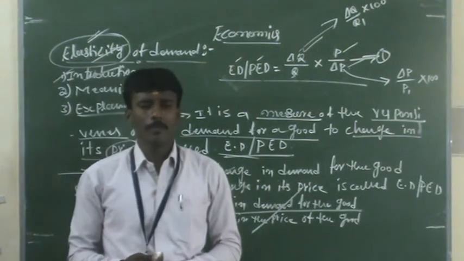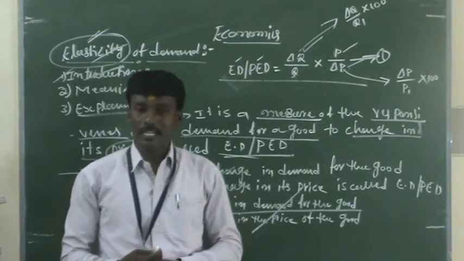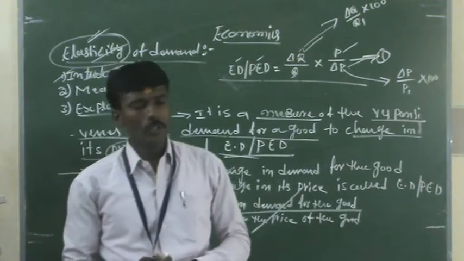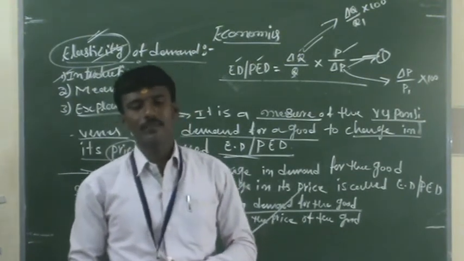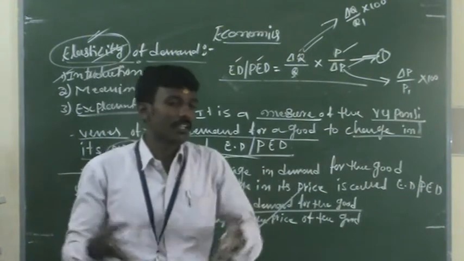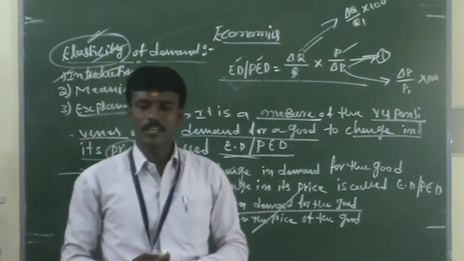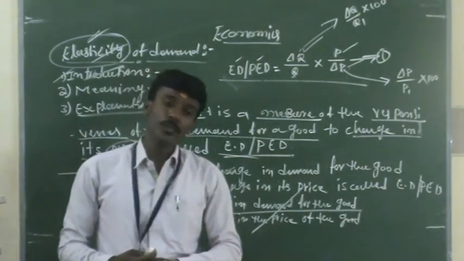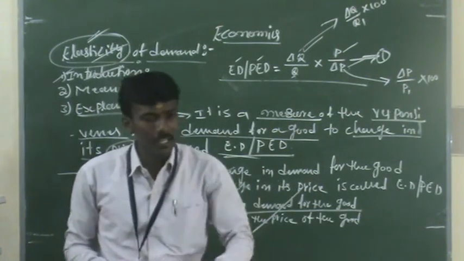See, totally here the concept of the elasticity of demand, or the price elasticity of demand, can be classified into many categories or various types, such as elastic, inelastic, unitary elastic, perfect elastic, perfect inelastic.